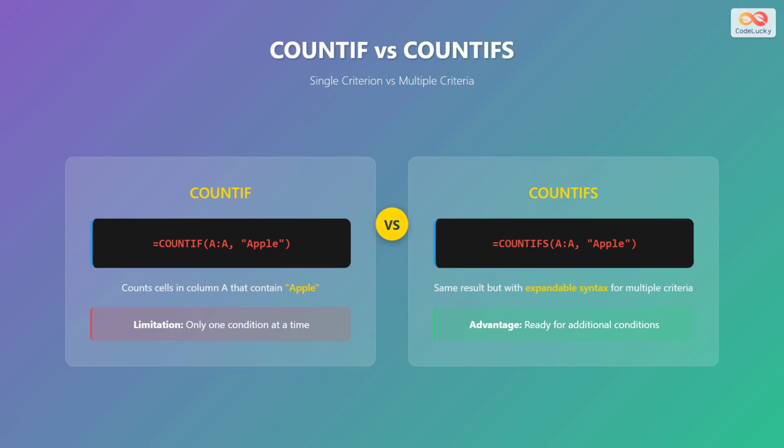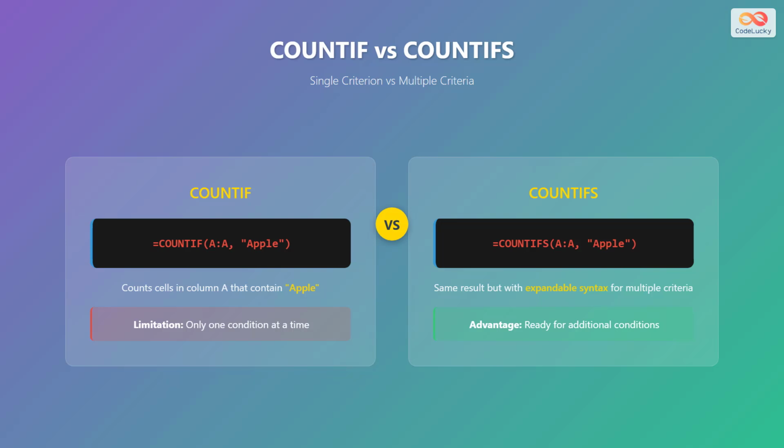Let's compare COUNTIF and COUNTIFS. The COUNTIF function counts cells in column A that contain apple, as shown by the formula =COUNTIF(A:A, "apple"). Its limitation is that it can only handle one condition at a time. On the other hand, COUNTIFS can achieve the same result, but with an expandable syntax for multiple criteria.